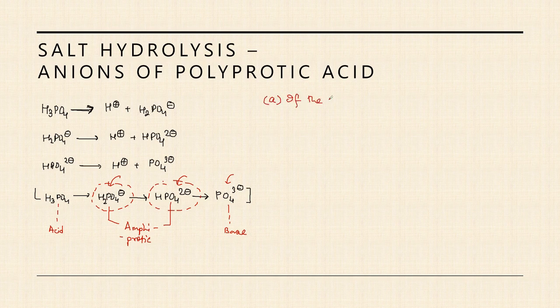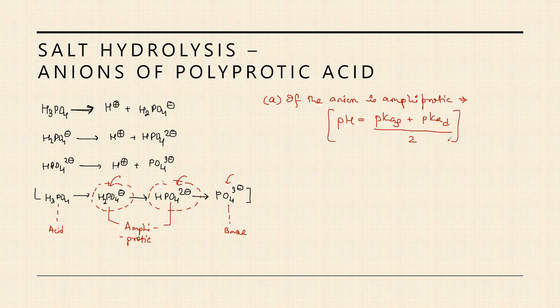If the anion is amphiprotic, then in such a situation pH will be calculated as the pKa through which it is formed plus the pKa through which it is dissociated, upon 2. We're not going to get into the derivation of this. What does this mean? Let's say this is Ka1, Ka2, Ka3.